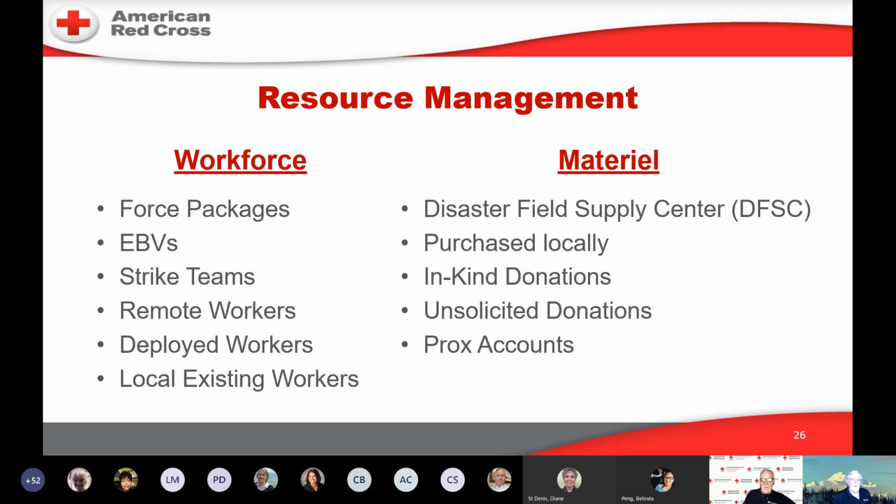If I do have a village affected, I send in 3 to 5 people, different disciplines, so that we can immediately meet the needs, do DA, turn around, and do client assistance, and meet the needs of a small village or a small defined area.